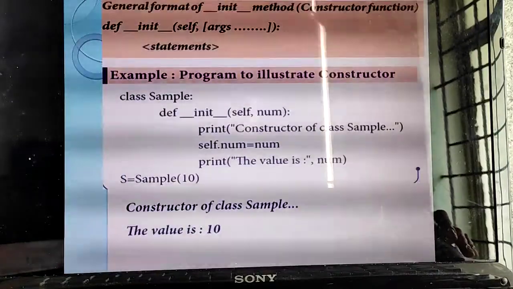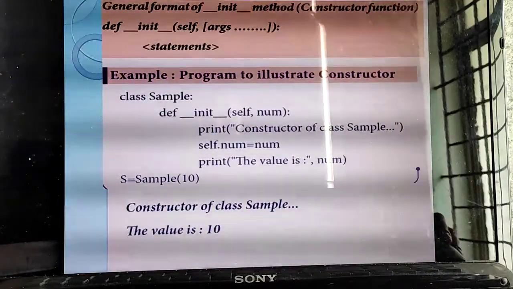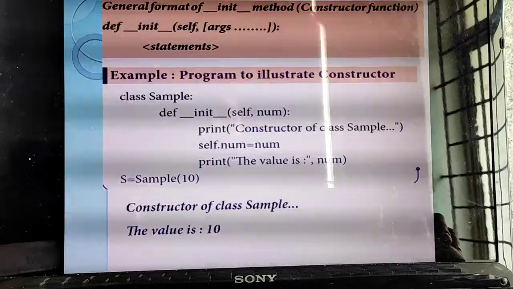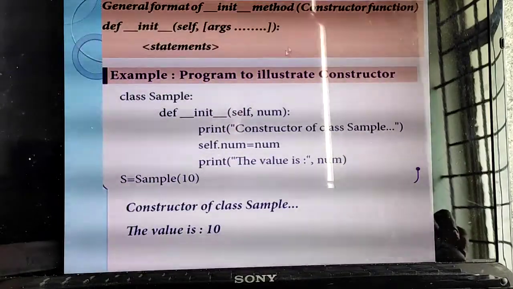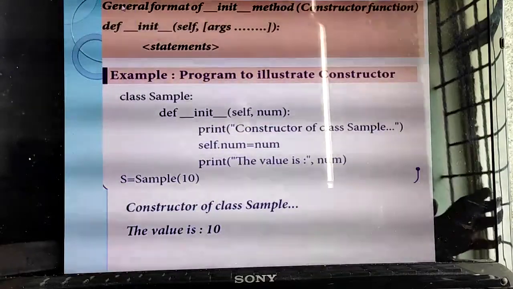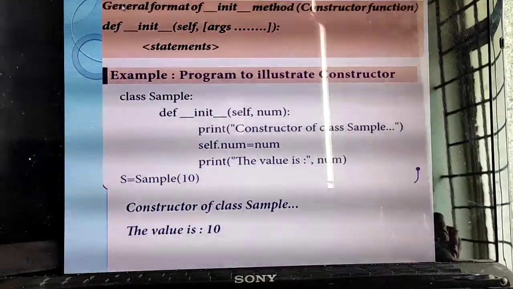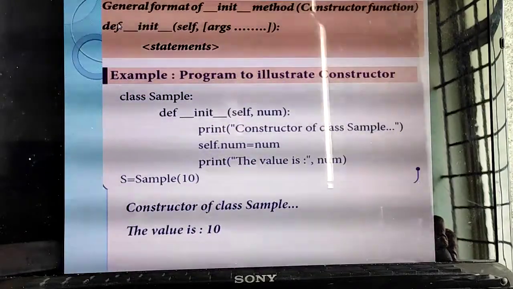Understand? So listen carefully. This is the general syntax for the creation of a constructor. Already you have studied that a constructor is just like a normal function. A function always starts with the keyword def, isn't it?